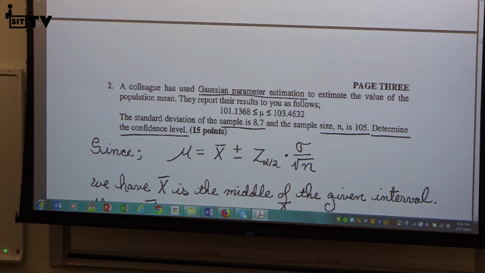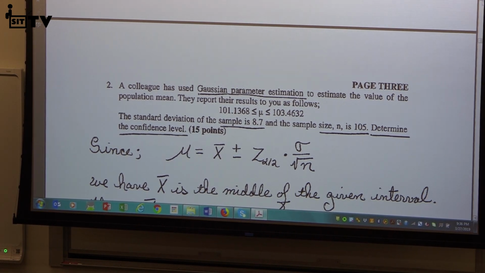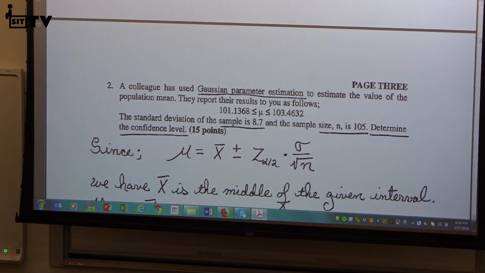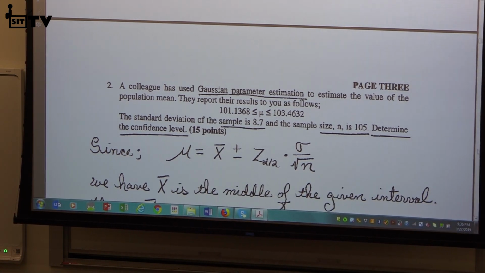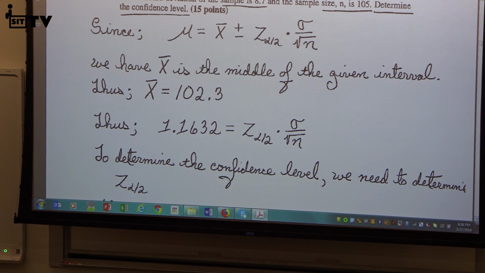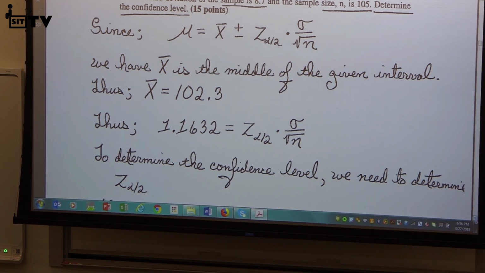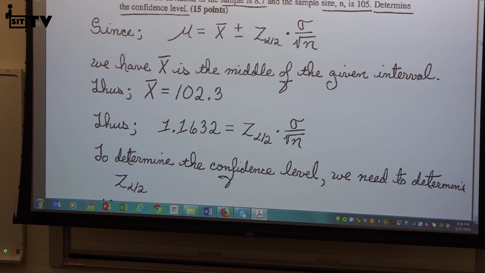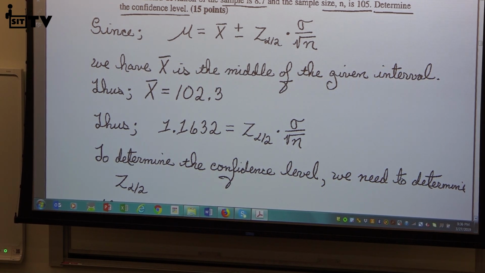I had another hand. Was it Matt? The 1.16 number? Let me scroll down, Matt. Yes, that was just half the distance between the 101 and the 103 when you give us mu in the statement of the question. Help me out.